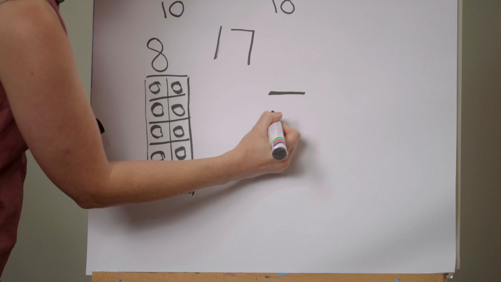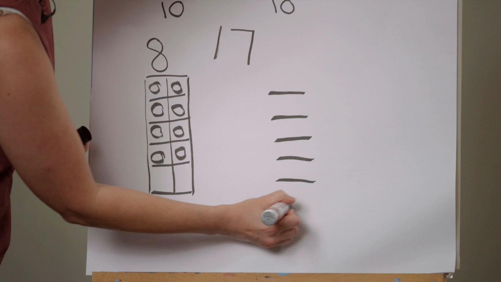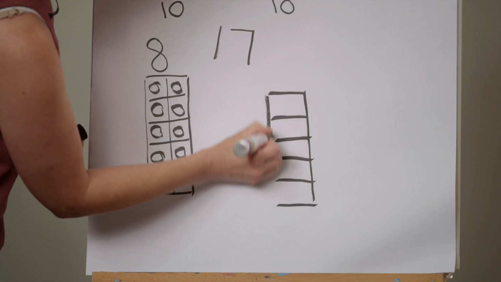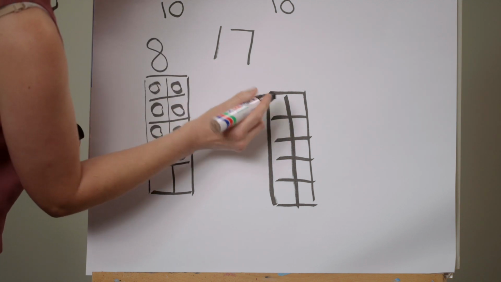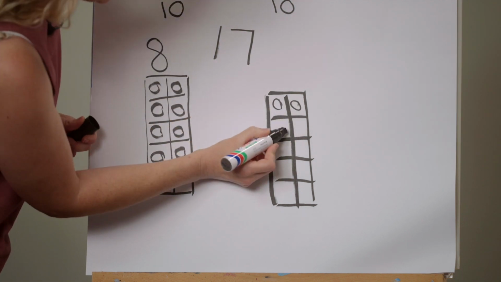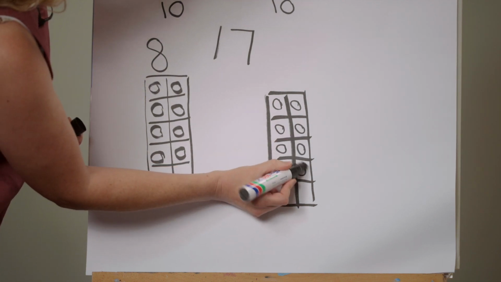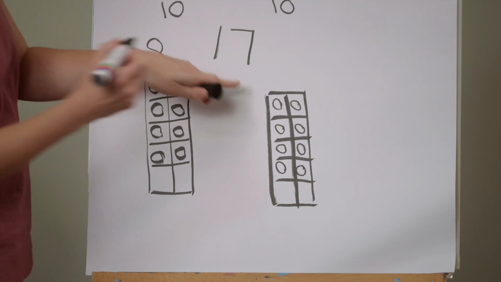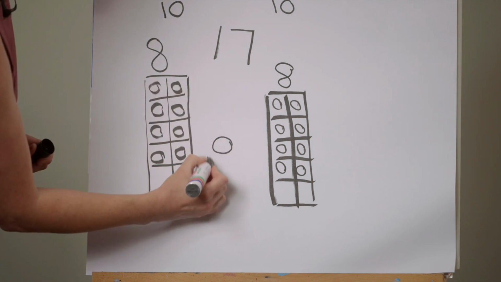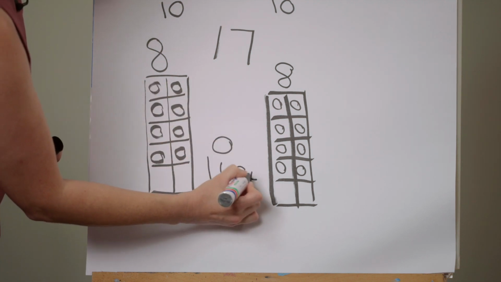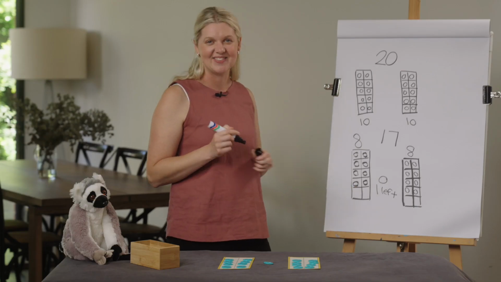Over here, 2, 4, 6, 8, 10. Draw in the sides and 1 through the middle. Okay. 2, 4, count with me, 6, 8. So 8 here and 8 here, but this time we had 1 left. So 17 couldn't be shared equally because we had 1 left over.